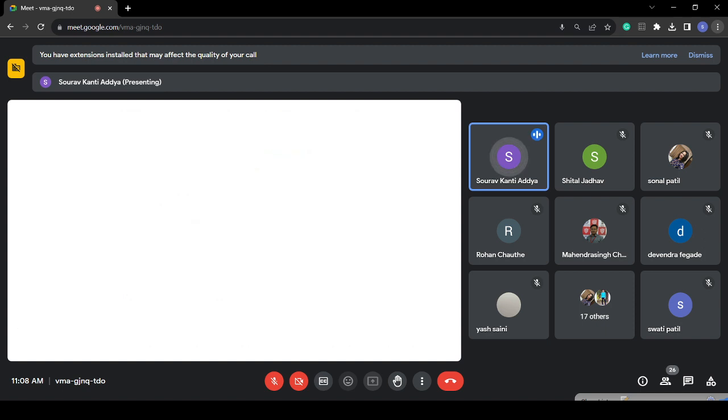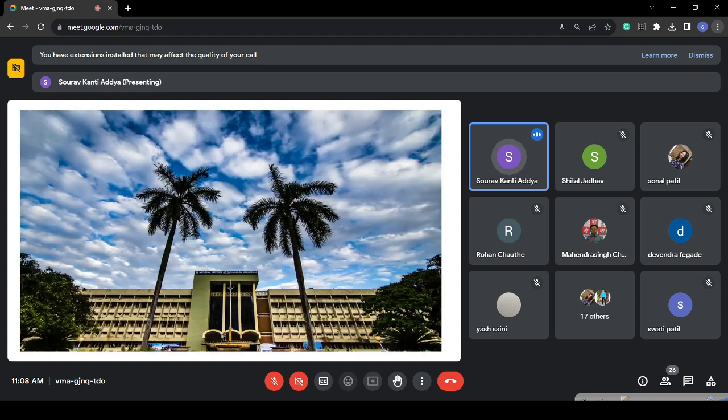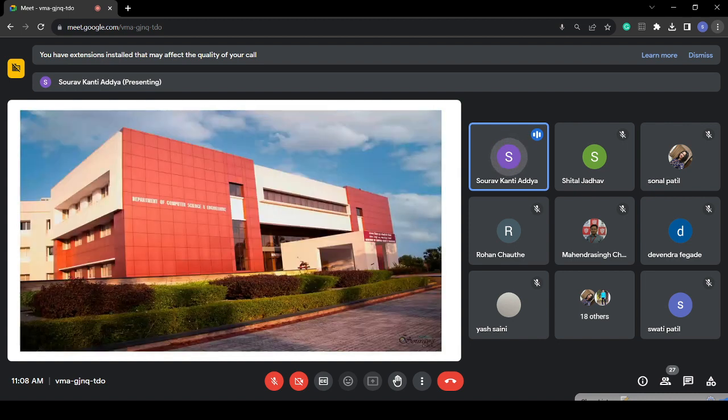Before starting that, this is our institute, the main building of the institute. It's a beautiful campus of coastal Karnataka. Side by side we have the Arabian Sea, and for your information, we have the only government institute in India that has its own beach.